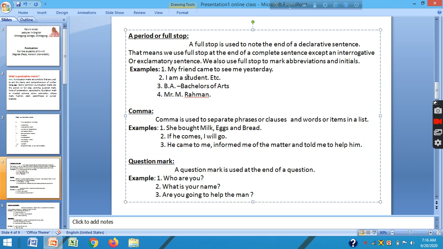These two sentences are examples of declarative sentences. Number 3, B.A. Similarly, we can say M.E., B.Sc., M.B.B.S., etc. Number 4, Mr. M. Rahman. Number 3 and number 4 examples are used to mark the abbreviations and initials of a name.